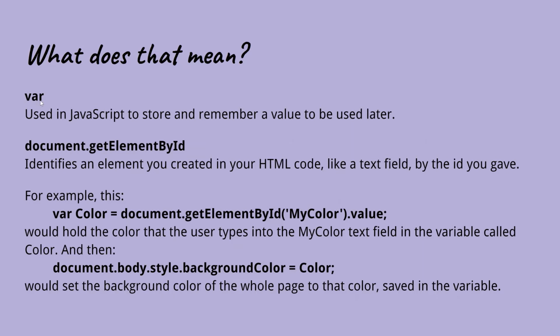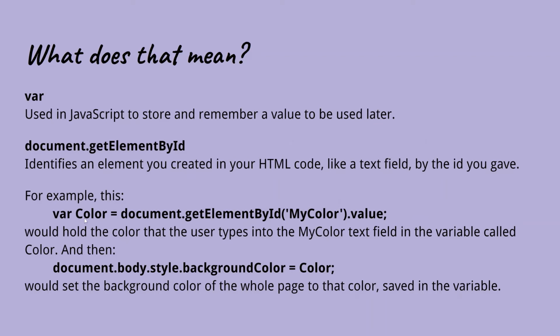So var, which stands for variable, is used in JavaScript to store and remember a value we're going to use later. So something like var color, and then we set this whole value to that, is our way of saying later on, I want to use just the word color to represent all of this so that I don't have to type all of this again.